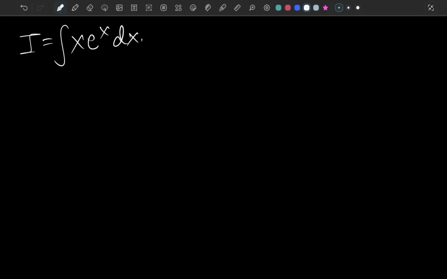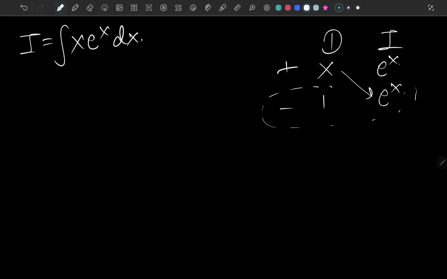That's why. So firstly, let me do this with the very first, the most basic DI method, plus minus, taking the derivative of x and integrating e to the x. The derivative of x is 1 and the integration of e to the x is just e to the x. So this times that, inside an integral.